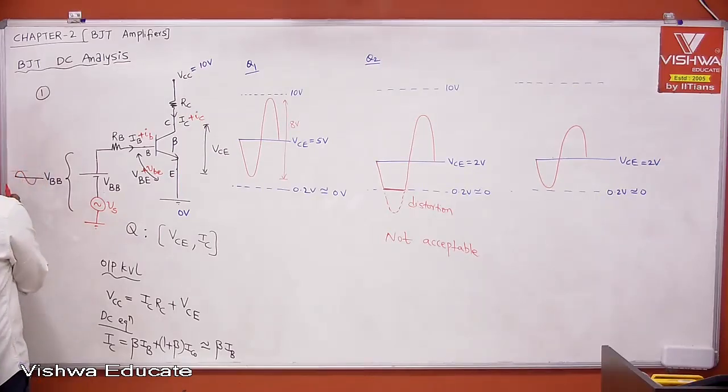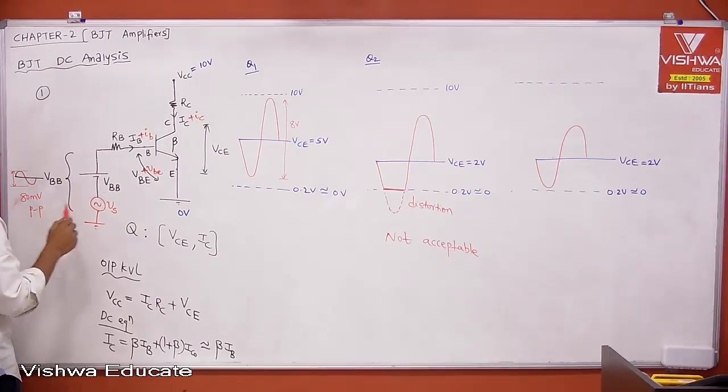Therefore this is the input peak to peak. Let us say case 1, I am giving 80 millivolt peak to peak, and let us say the voltage gain of the amplifier is 100. Then tell me what we get here.